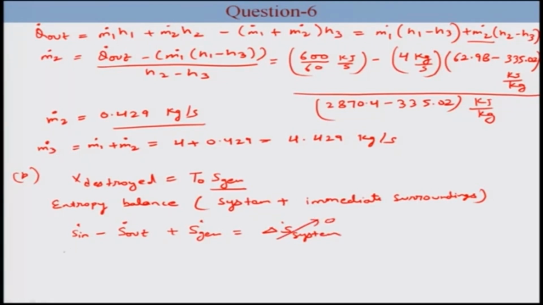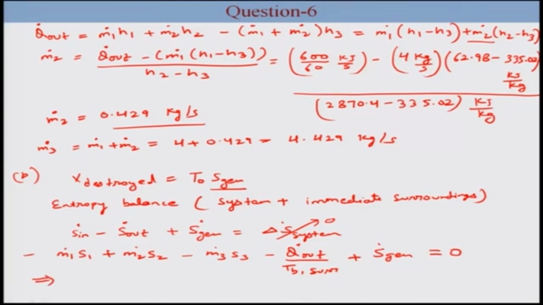Now entropy in is m1 dot s1 plus m2 dot s2, minus that which is leaving, m3 dot s3, minus, because of the heat which is going out, Q out dot divided by T0, the temperature of the surrounding, plus S dot gen, entropy generated, is equal to 0.